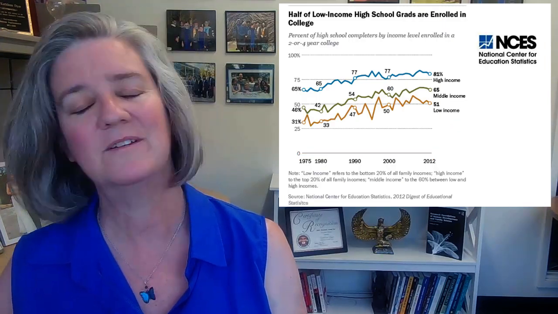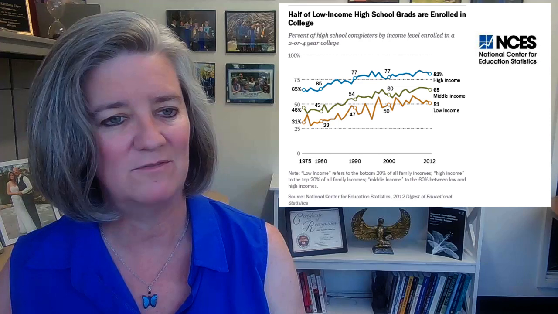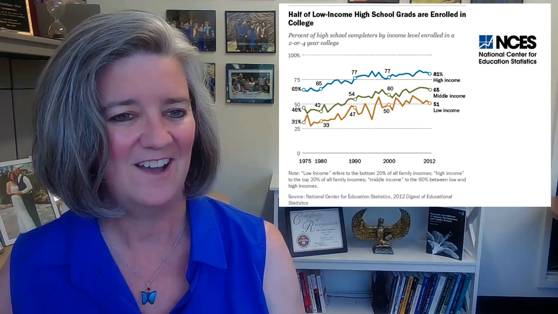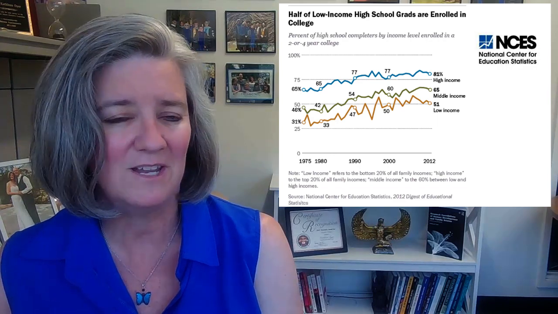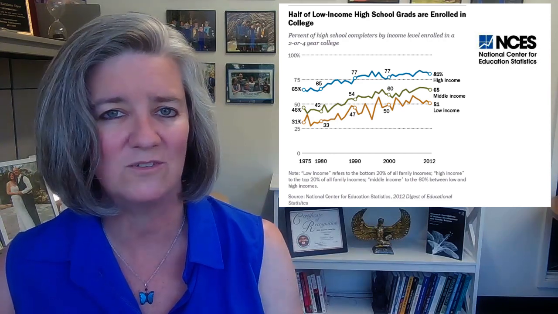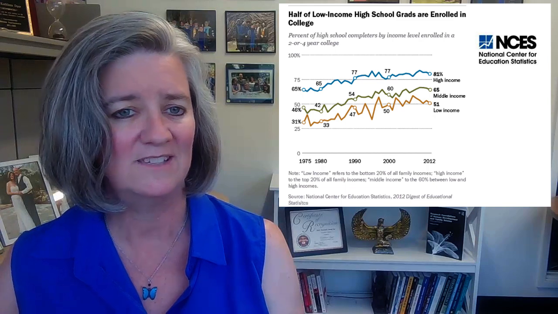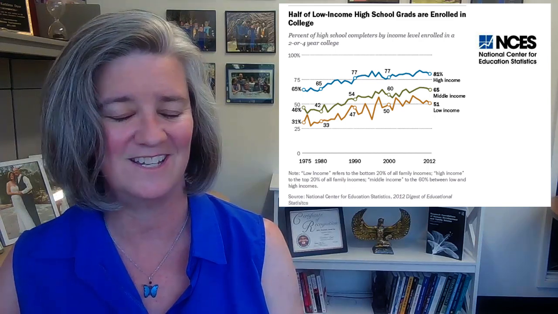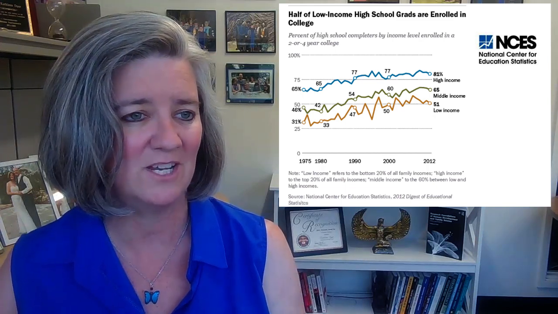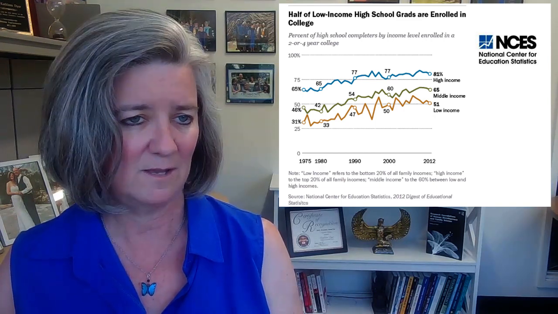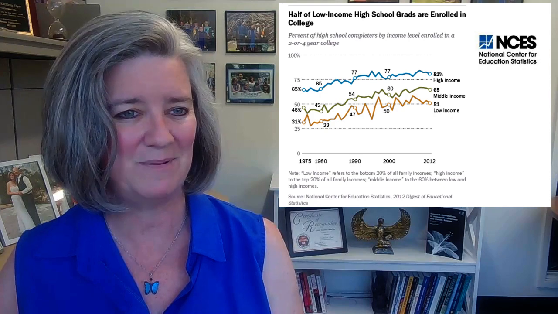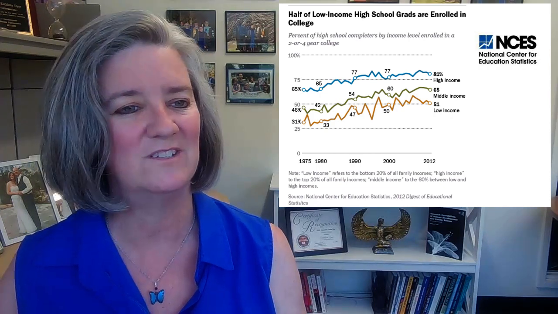An example of some of the data that comes from the National Center for Education Statistics: any educational institution that has any kind of funding from the government has to report certain things back to the government. And so the National Center for Education Statistics provides this kind of information. This is looking at the percent of high school completers by income level who enrolled in a 2 or 4 year college.